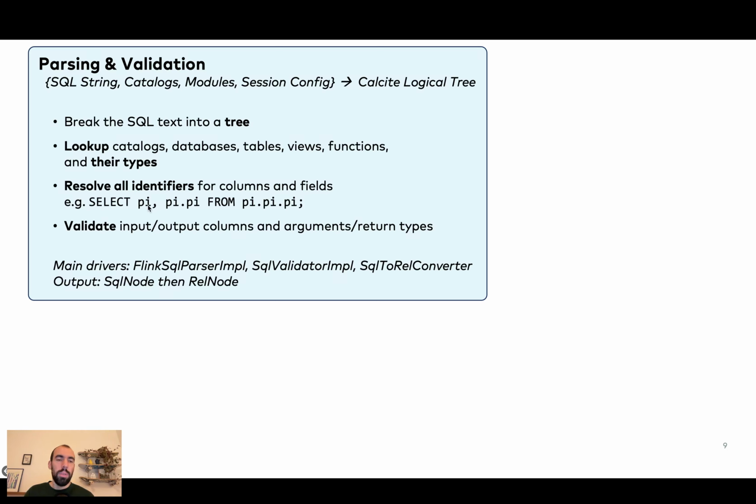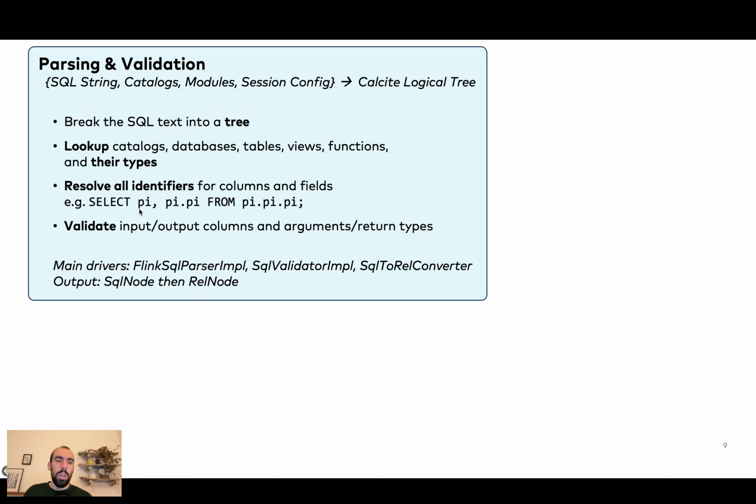What does this query do? You have so many pies in this query, but the validator is able to identify what is what. So there might be a pie catalog, a pie database, and a pie table in this database. And this pie might be a field of the table. And this pie here might be a nested field of this column.